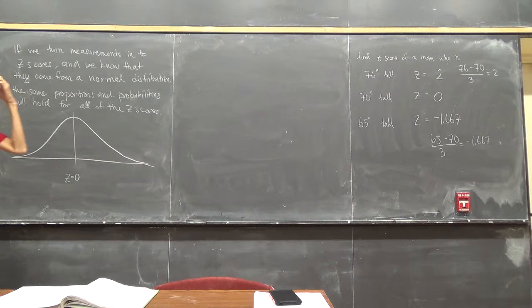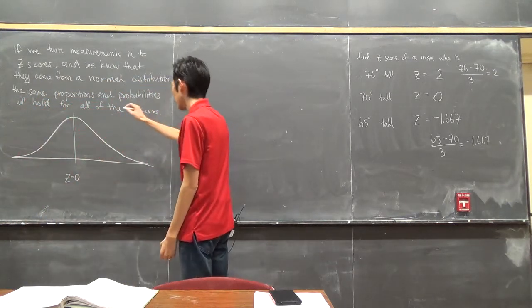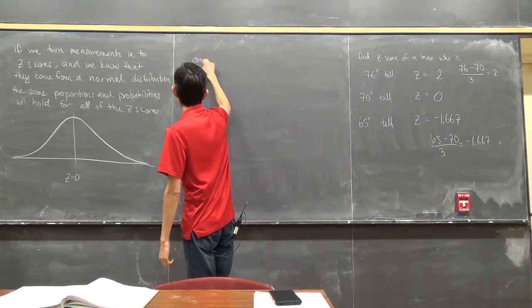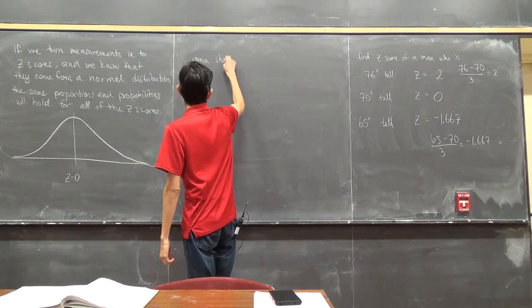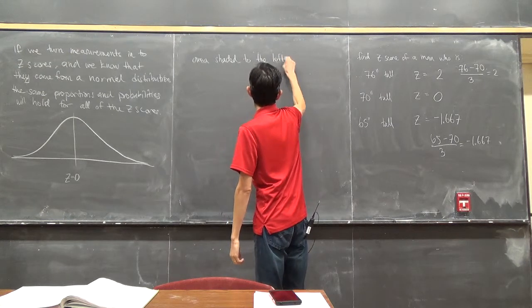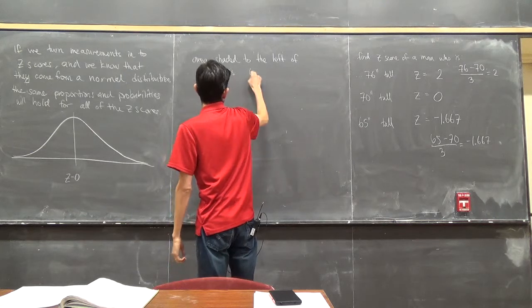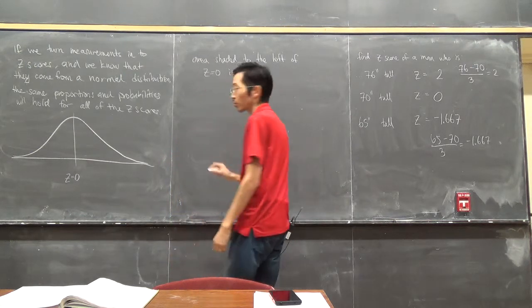Yeah, 50% or 0.5. So the area shaded to the left of z equal to 0 is 0.5.